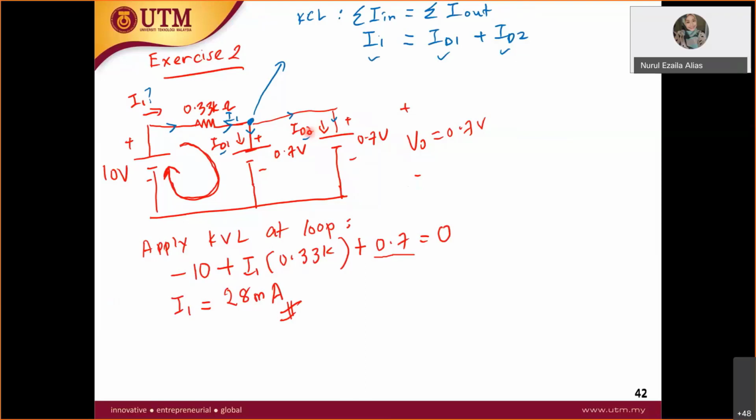Since these two diodes are the same type of diode, ID1 is actually equal to ID2.